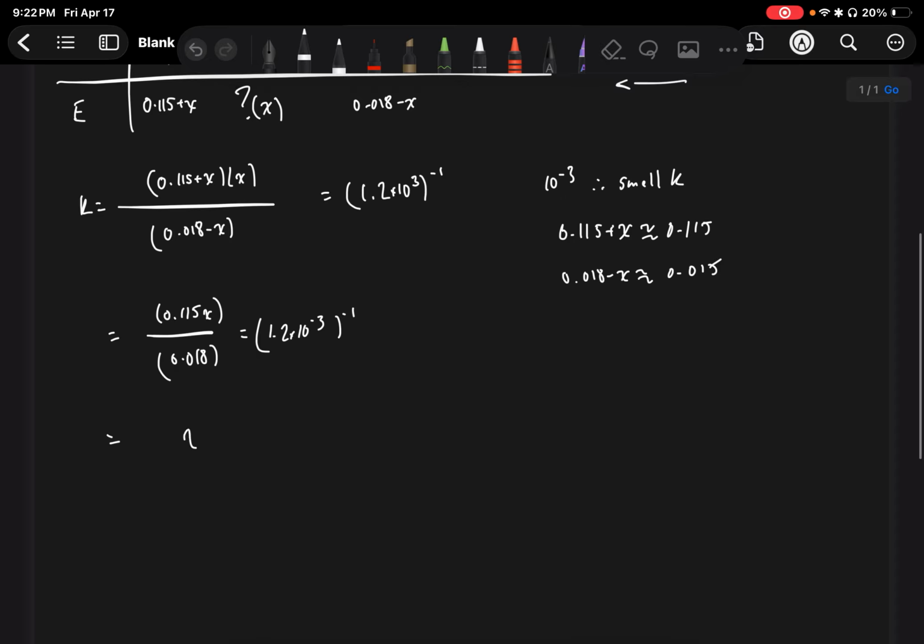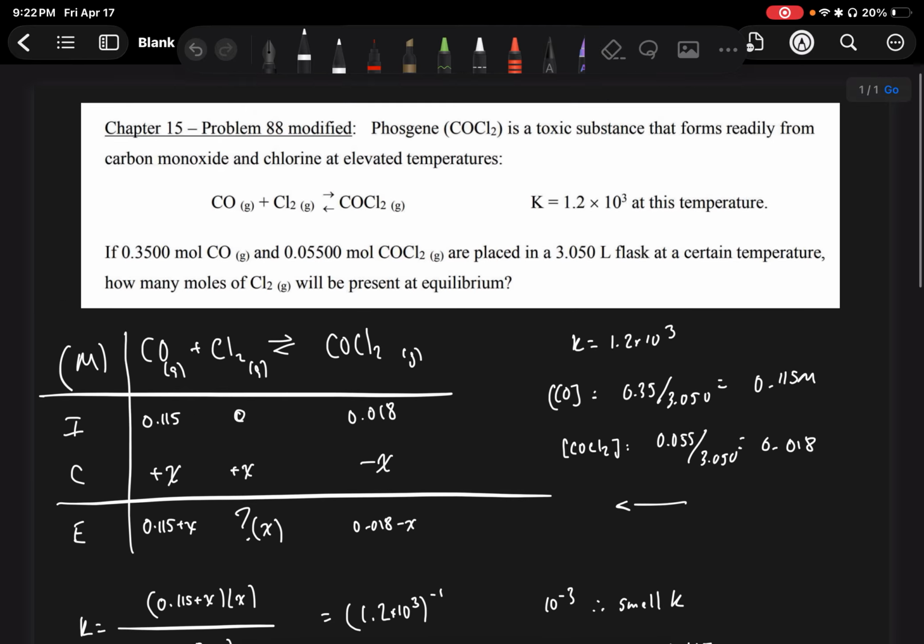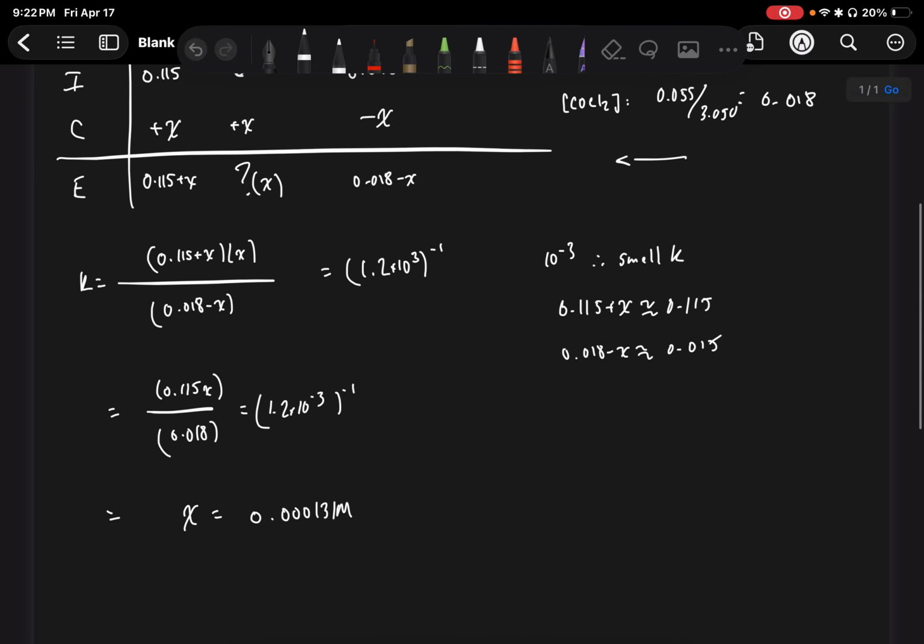Okay, so if you probably sub these in, I don't have my calculator on me, but X should be equal to 0.000131 moles per liter.